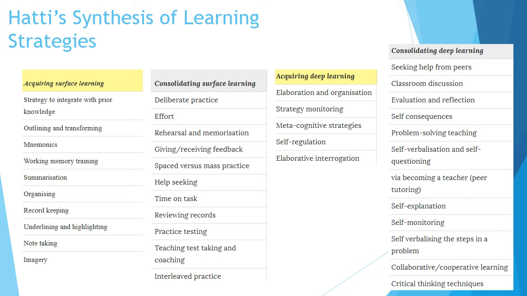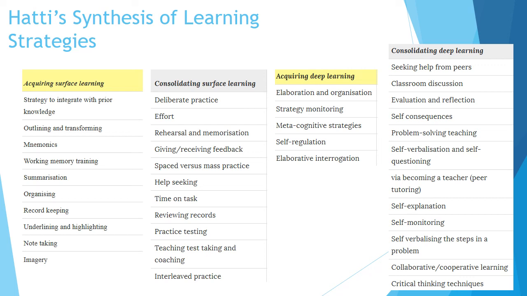So you want to get the big picture of what you want to learn, and then you go into deep learning. And then within the deep learning you go into acquiring and consolidating. So it's a really nice framework because it combines the holistic and analytical, and not only that, it tells you how to go about acquiring the research and consolidating it.